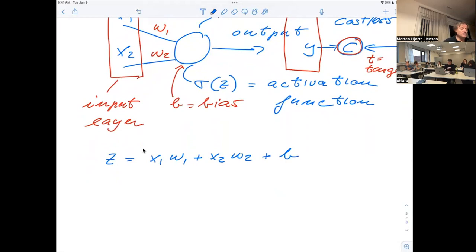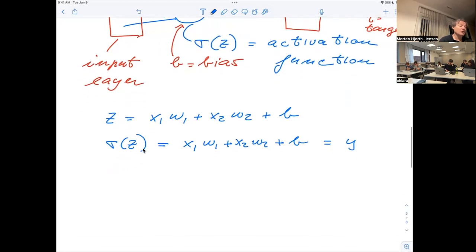And now we could assume that this sigma of z, in the simplest possible case, is something which we can simply set up as this function x1 times w1 plus x2 times w2 plus b, so that the function sigma doesn't do anything but just accept this value z. And this defines our output.